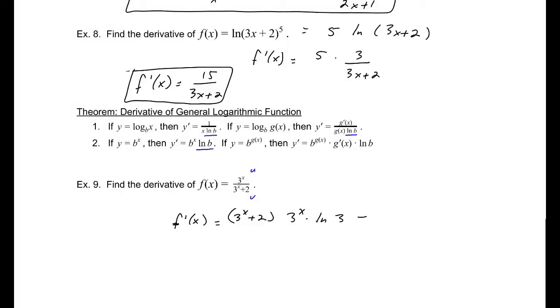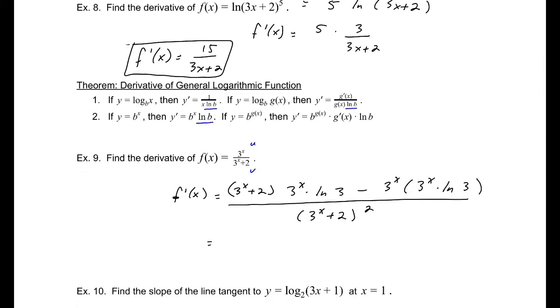Minus high d low, so 3 to the x, and the derivative of the denominator is natural log of 3 times 3 to the x, or I suppose writing it the same way I did the last one, 3 to the x times natural log of 3, all divided by low, so 3 to the x plus 2 squared.